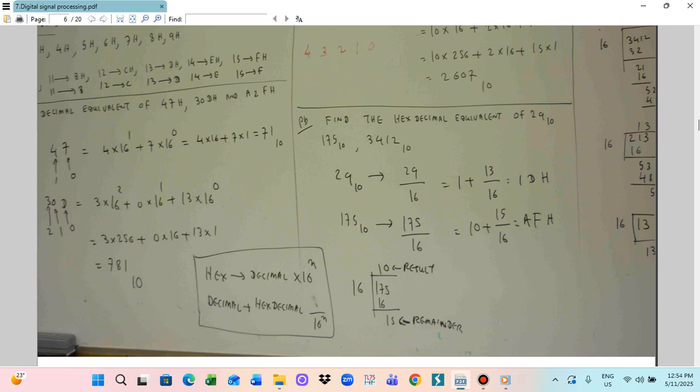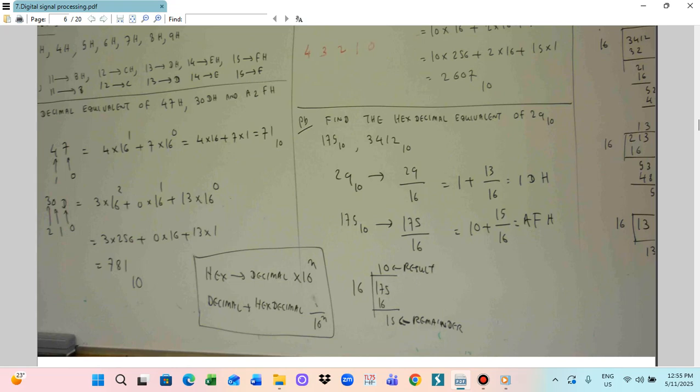Also, let's find the hexadecimal equivalent of 3412 base 10. In this case, you divide the 3412 by 16. So the answer will be 213.